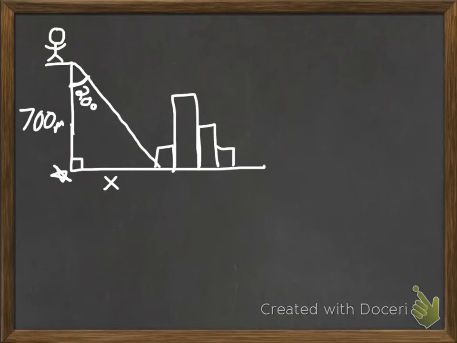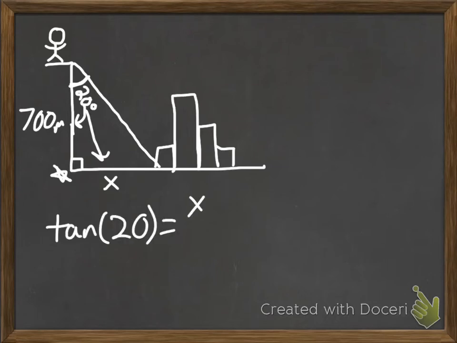We look at the 20 and we're trying to find the opposite, and we know the adjacent. So that's going to be tangent. So the tangent of 20 equals x over 700. Multiply both sides by 700.